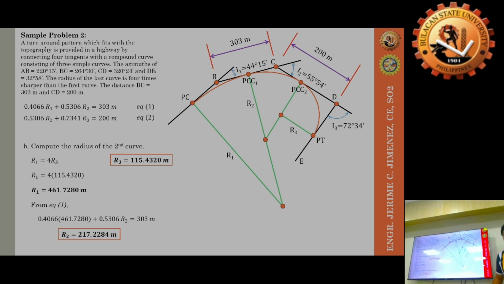Last problem tayo. Ay, last question. Ano yung question ng isa? Station PT? Okay. PC mo PT? PT, kasi given na station base.